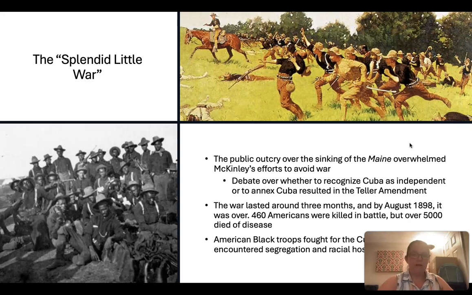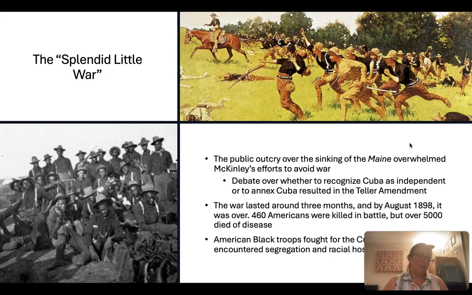A week later, American troops take the island of Puerto Rico, with only 3 American lives lost. They sign an armistice with Spain in August, and a total of only about 460 Americans were killed in battle, but over 5,000 died of disease. The casualties among the Cubans were much, much higher.